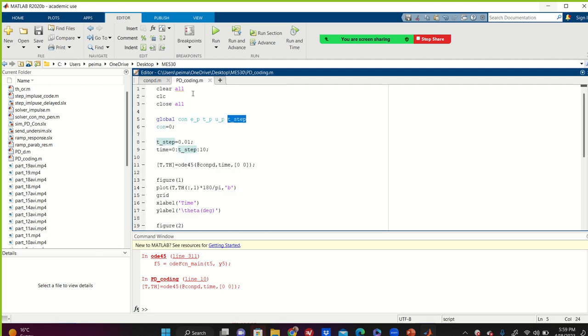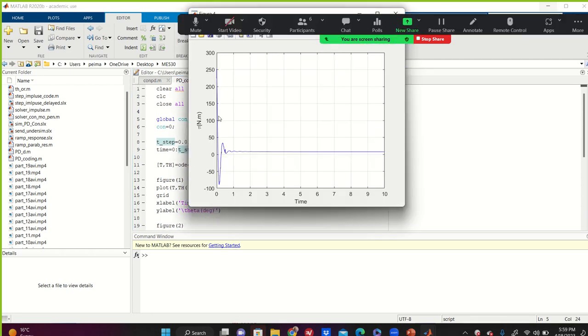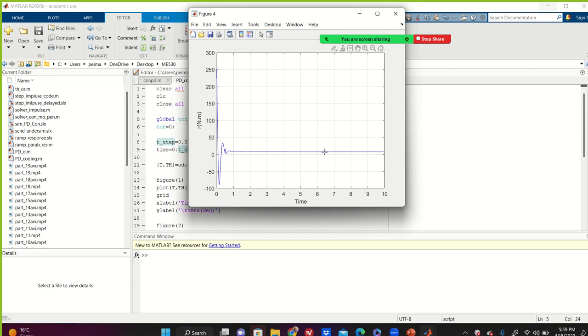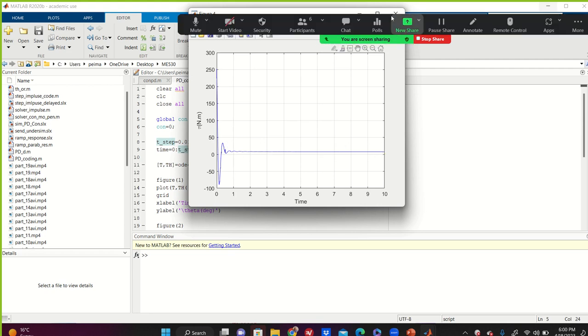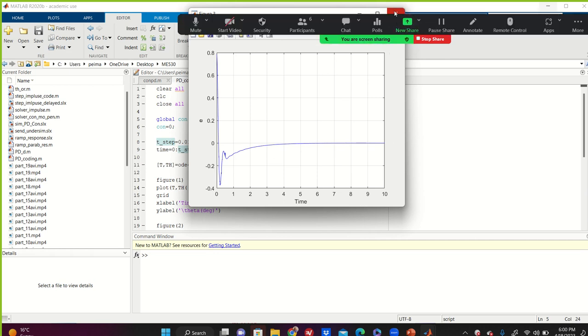Now let me run it. Okay, this is the control torque, tau. Error signal before going to some number now goes to where? You tell me. Error signal goes to 0. We made it 0.